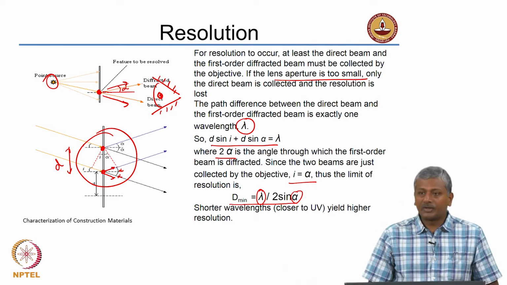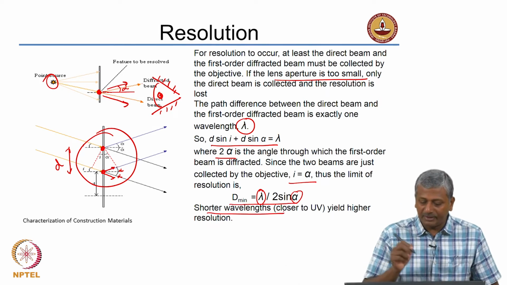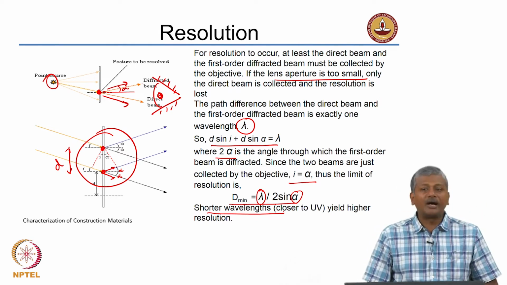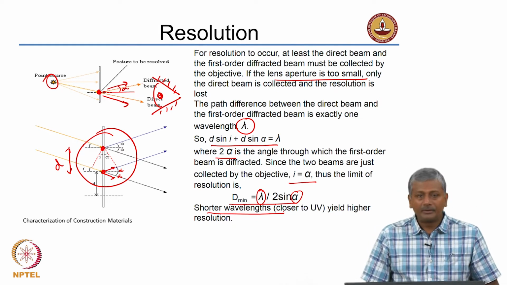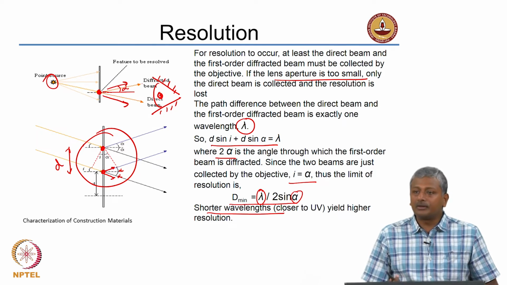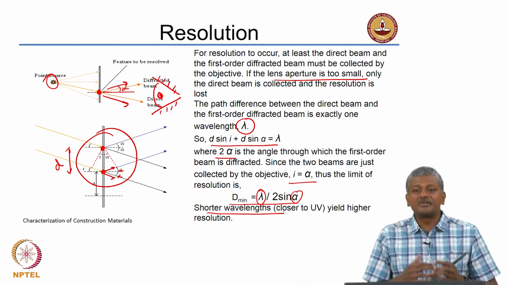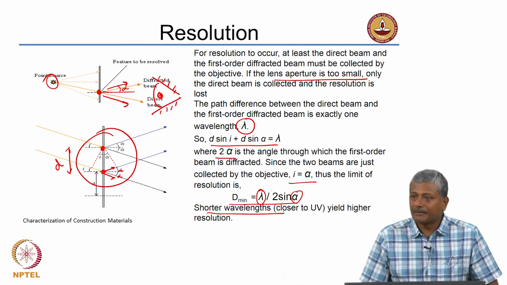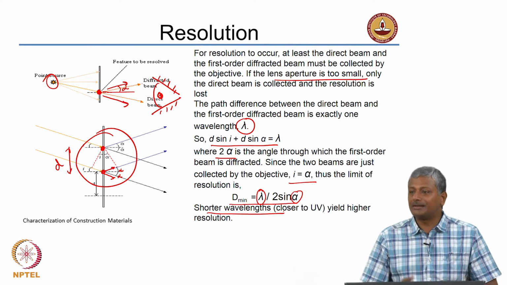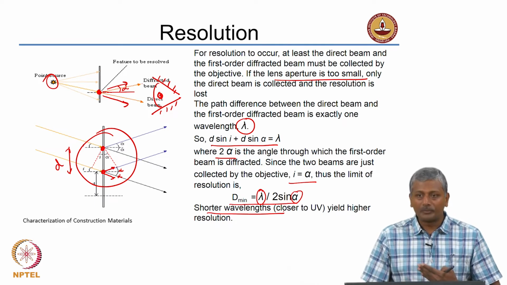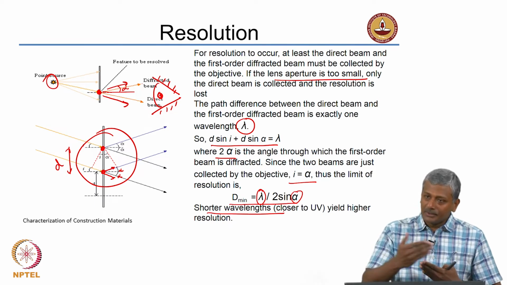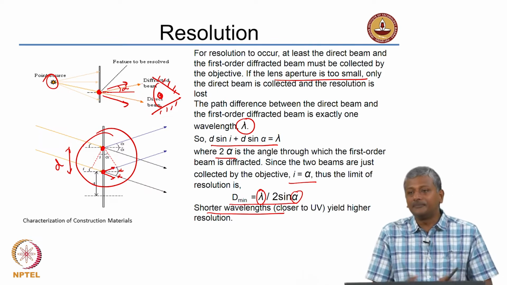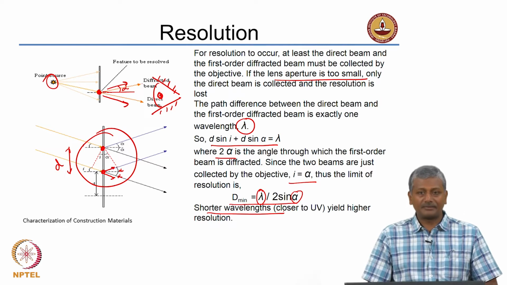Now one thing that you come across directly here is that shorter wavelengths, which are closer to violet or ultraviolet, will lead to higher resolution, okay. So if you were to perform microscopy using visible light and you put in a blue filter, right, which absorbs red and green and transmits only blue, you will probably get only the smaller wavelengths to be used for your microscopy, which may increase the resolution of your technique.